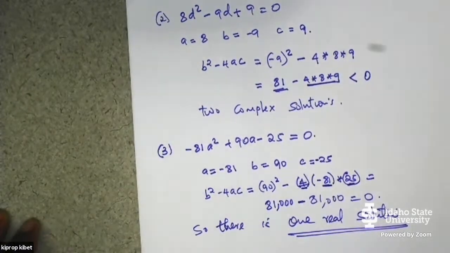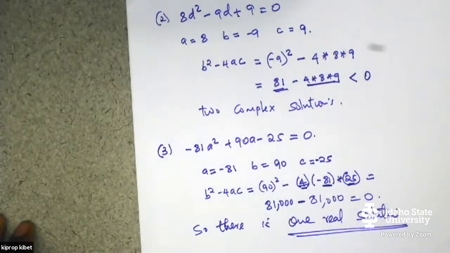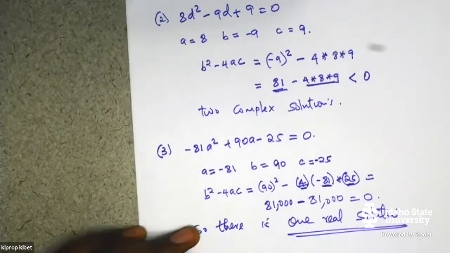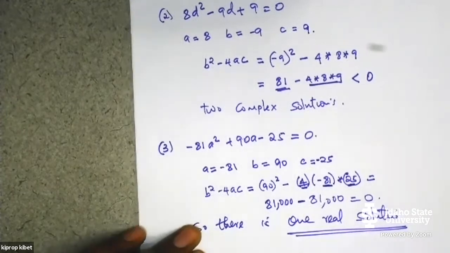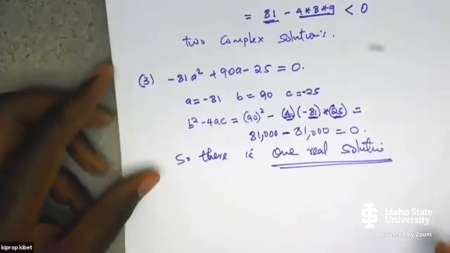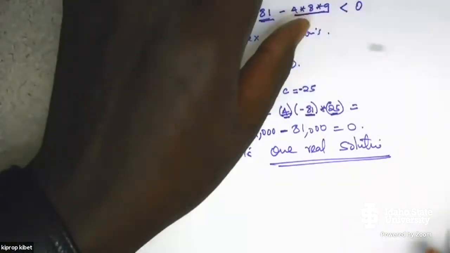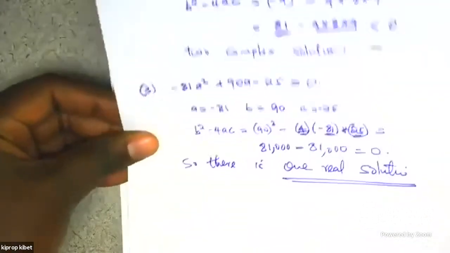Okay. Now that is how you can check the kind of solution that you're going to get when solving using the quadratic formula. Now let's use the quadratic formula to solve some quadratic equations.